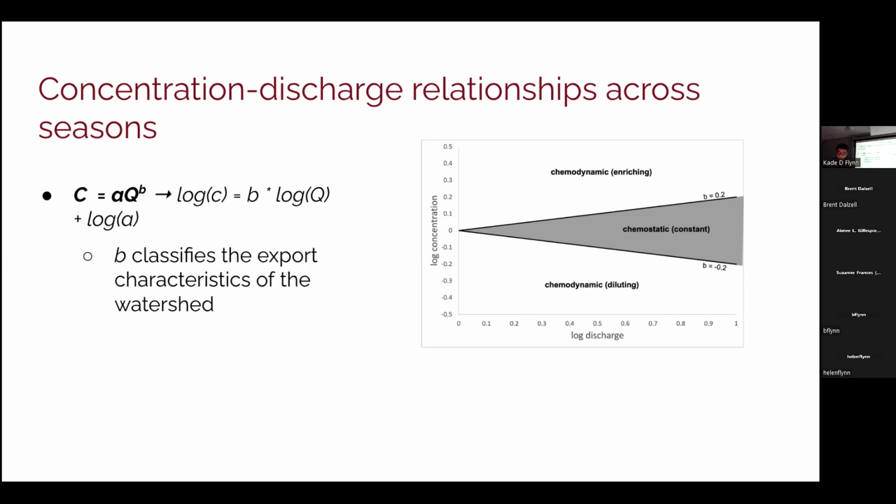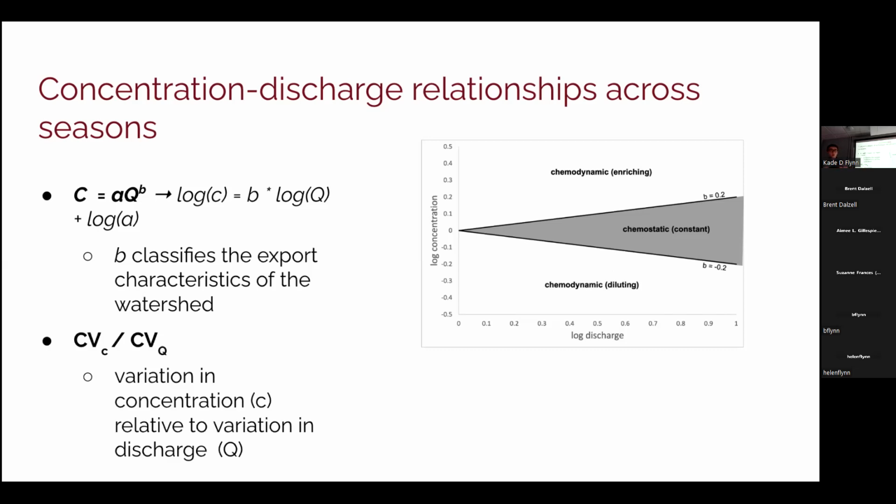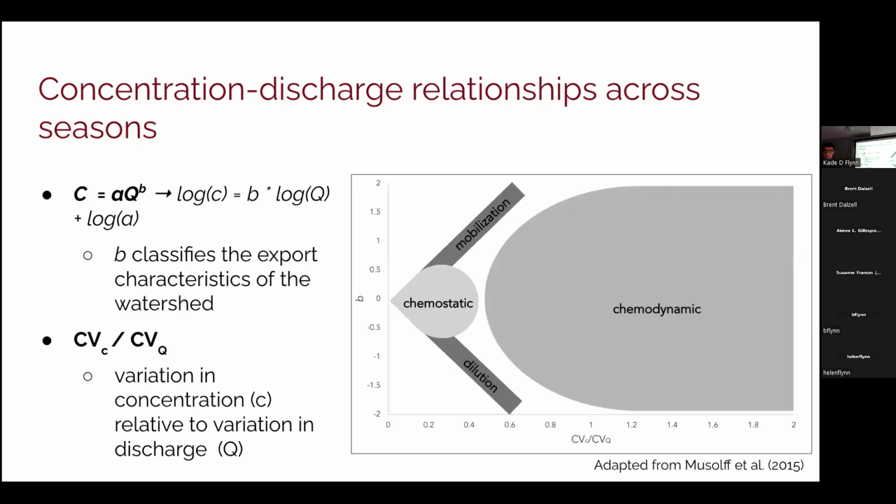with discharge. Another way to consider this is by comparing the coefficient of variation in concentration relative to the coefficient of variation in discharge. We can use both these metrics together to classify the export characteristics of the watershed.